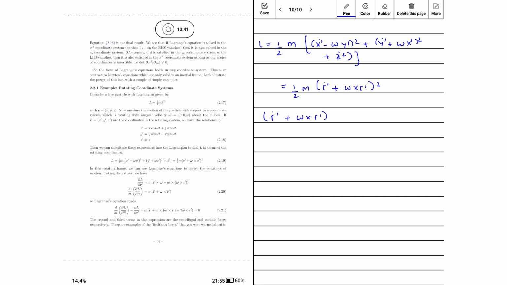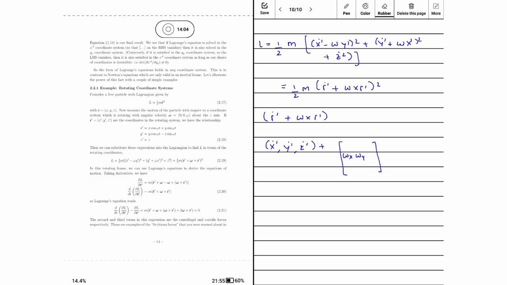This is basically square, basically dot product. So what's the vector here? R dash is basically x dot dash, y dot dash, z dash, plus omega.